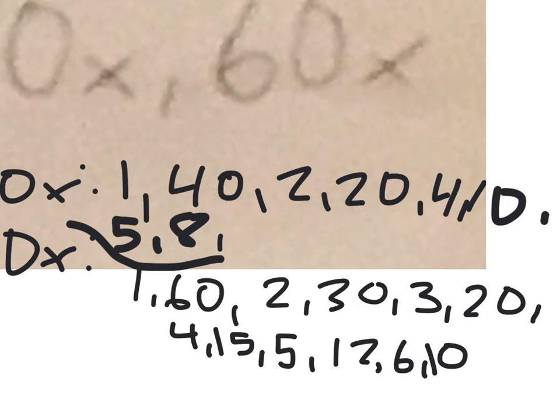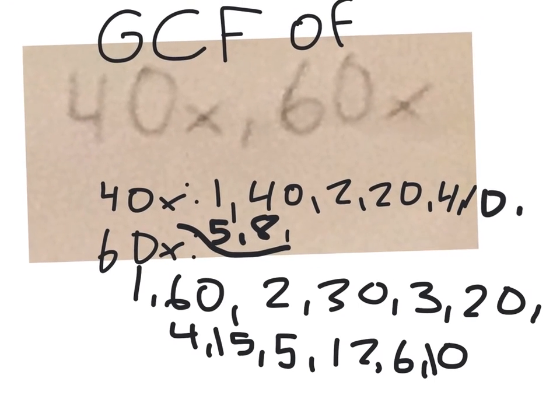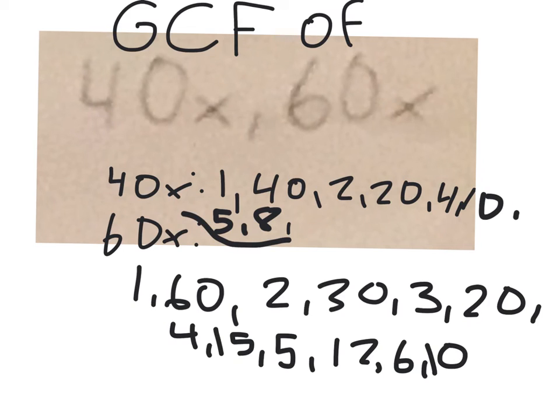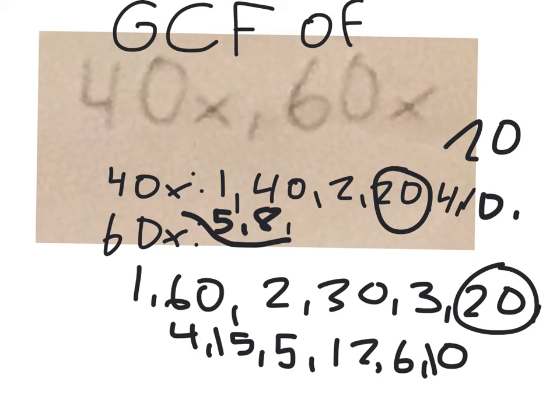And those are some common factors of 60x. There's a few that they have in common. The largest one they have in common is 20. So the greatest common factor of 60x and 40x would be 20, and then since they both have x's, it would be 20x.